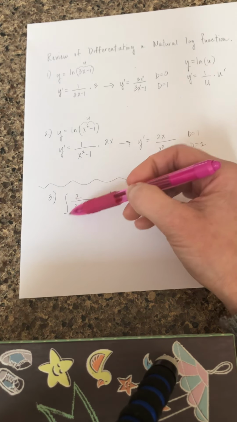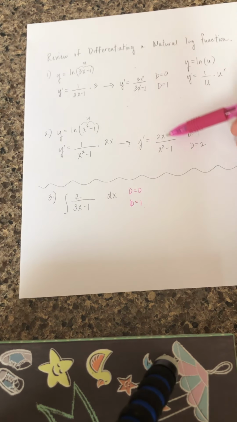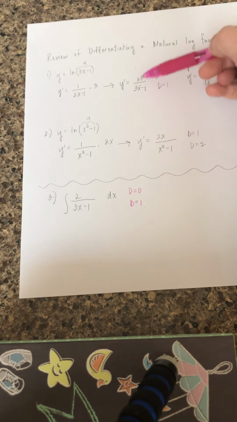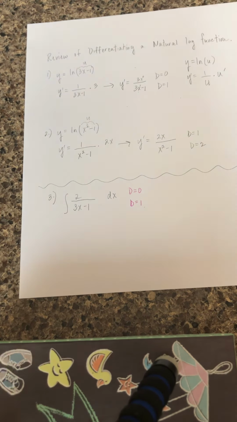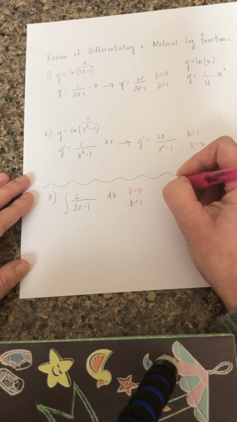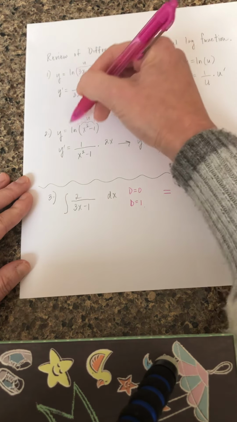So remember, when you're integrating, this really represents the derivative itself, right? So we're basically given answers that look like this, right? So once we see this, we're gonna realize that the answer to this question is the ln of something.